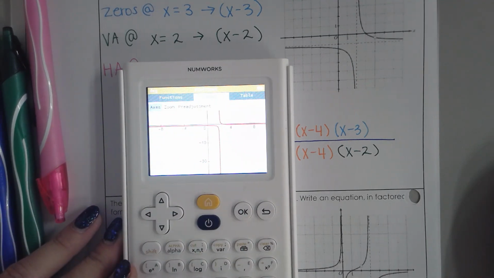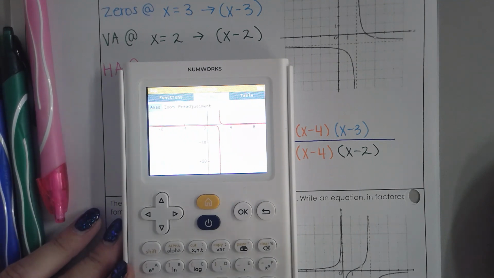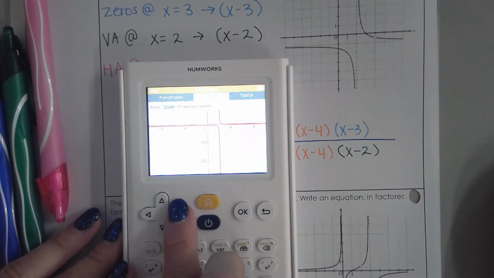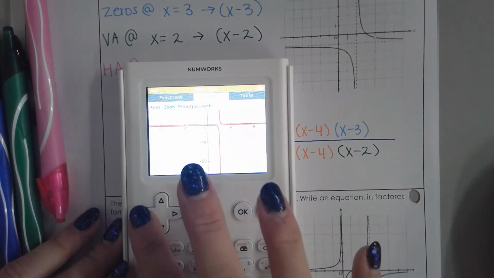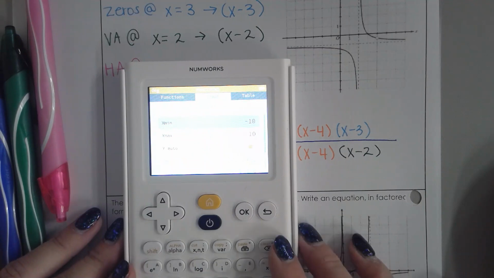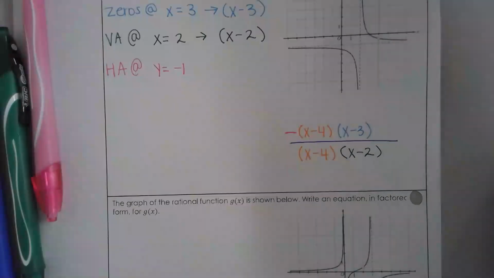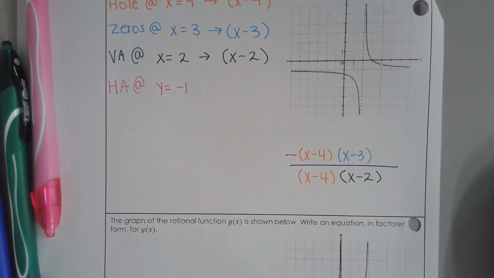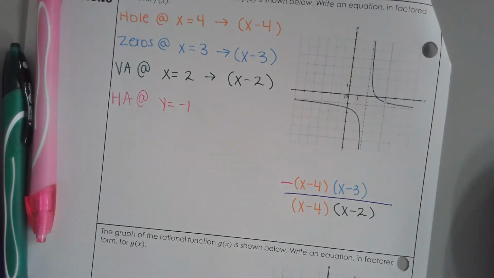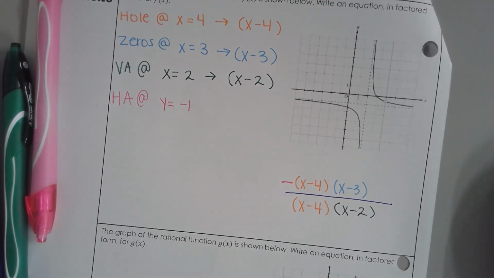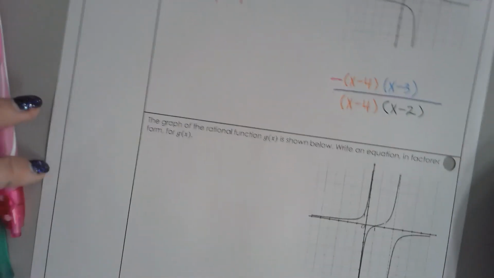So this one also did not, I thought it would actually show the hole a little better. It does not. But we still can tell, if you have your calculator, it looks like it's shaped about right. Alright, so let's look at this next example.